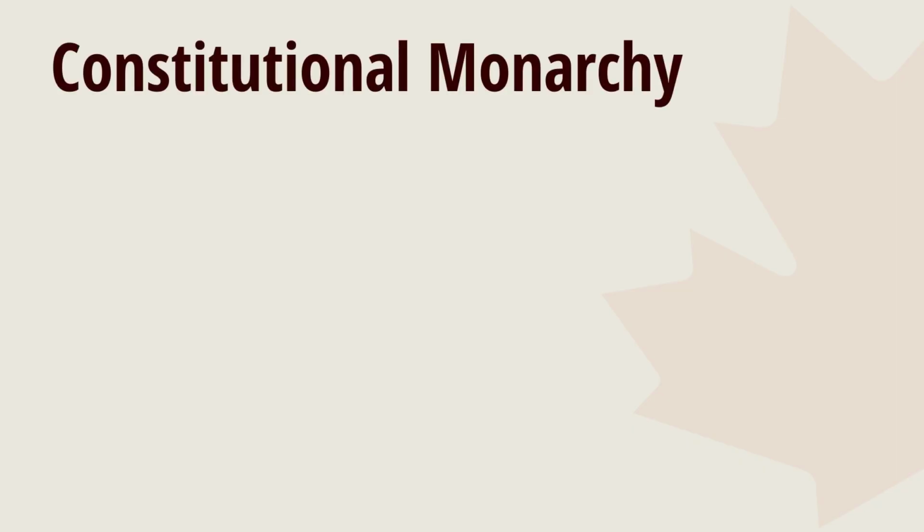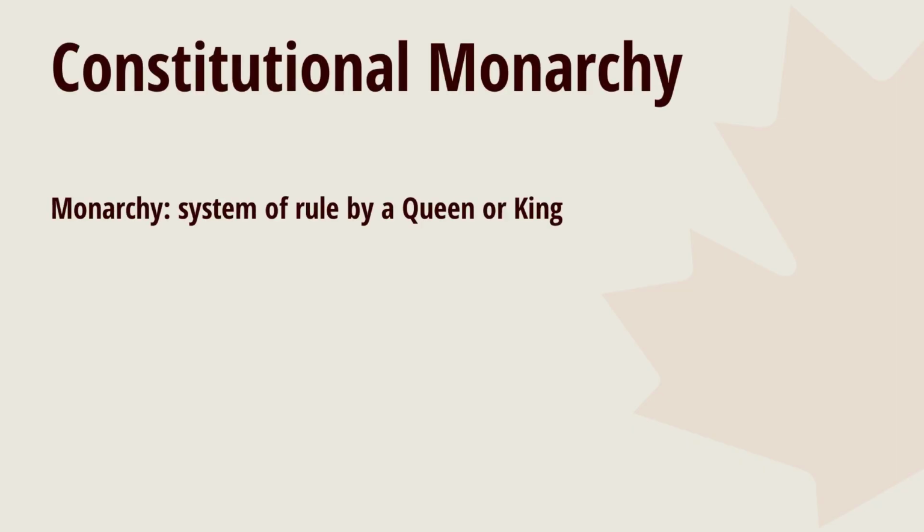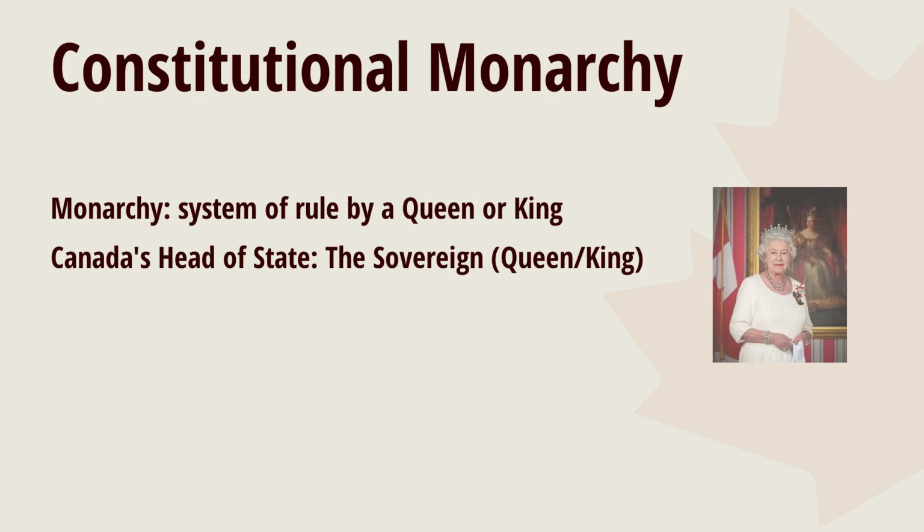A monarchy is a system of rule by a queen or king. Monarch is another word for queen or king. On page 29 of your guide, it says, as a constitutional monarchy, Canada's head of state is a hereditary sovereign. Remember, this is a king or a queen, who is in agreement with our Constitution and the Canadian rule of law.